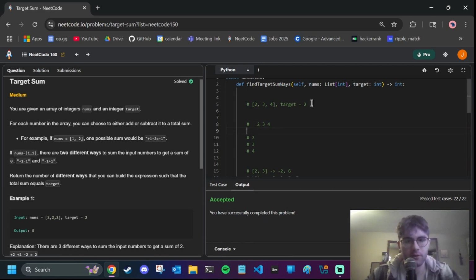So if we did plus the whole time, then it would just be plus 2, so it'd be 2 and then 5 and then 9. And if we did minus the whole time, it's going to be tricky with the minus signs. Minus 2, minus 5, minus 9. So what does this point in the matrix represent?